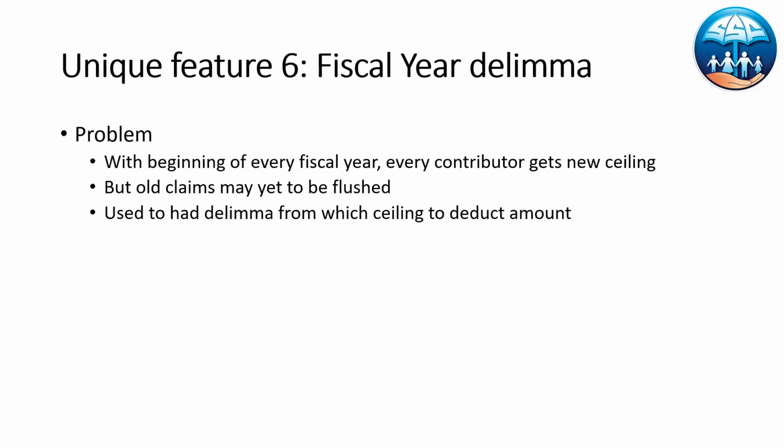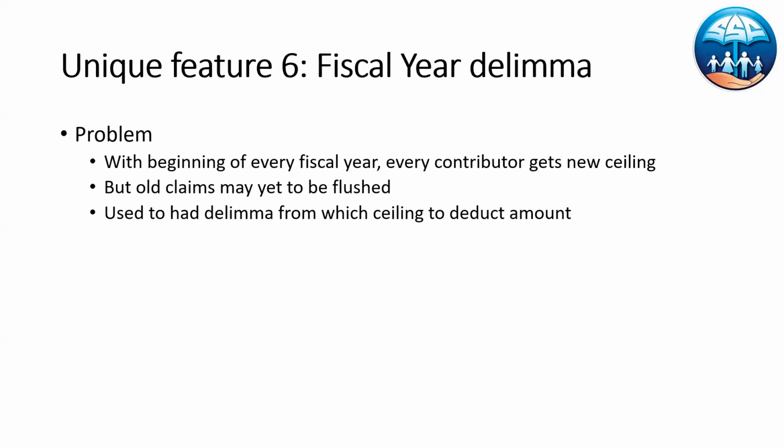And we also have a fiscal year dilemma. Every ceiling of the contributors, that is 100,000 rupees of medical benefits, unlimited benefits in the accident scheme and 1 million benefits in critical illness, is renewed in every new fiscal year.